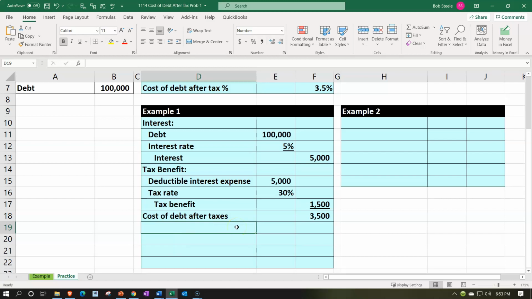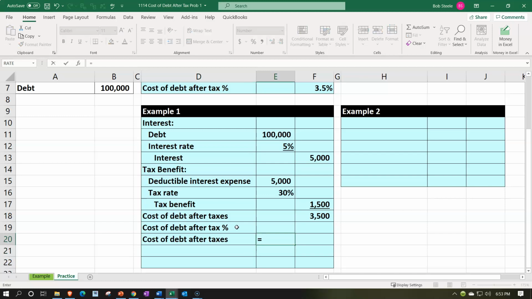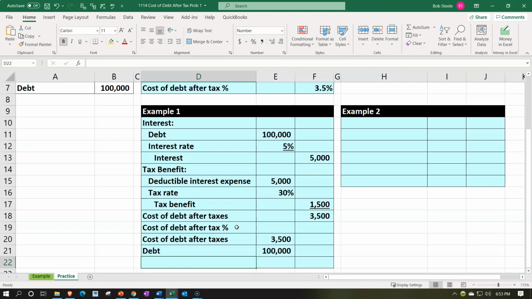So now if I took the cost of debt after tax percent, we would take the cost of the debt after taxes, which we just calculated, and compare it to the debt itself, the 100,000, and that would give us the cost of debt after tax percent.